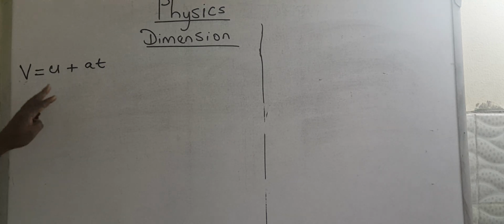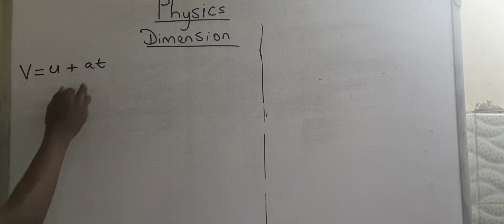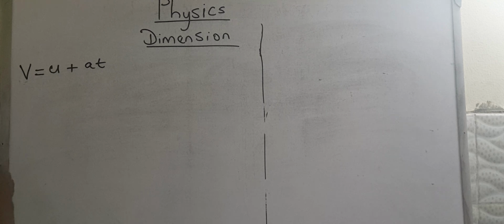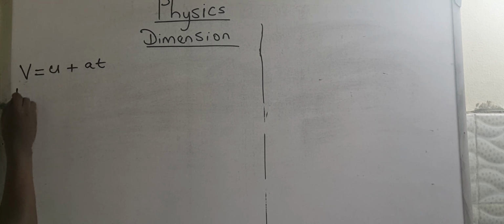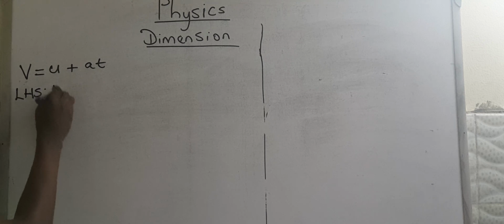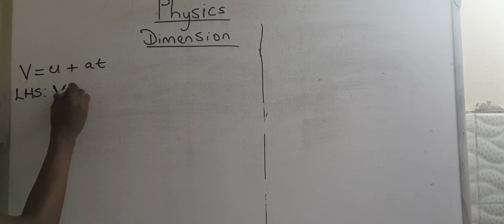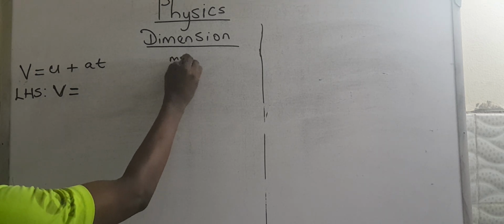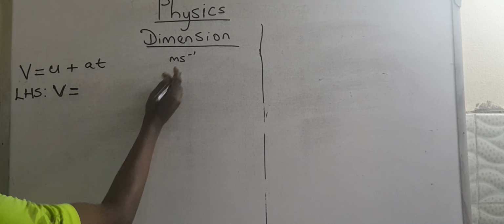So what you need to do is check the dimension of each of these terms. So let's begin from the left hand side. We have V. What is the dimension of velocity? We know that the unit of velocity is meter per second. So from here we can get the dimension.